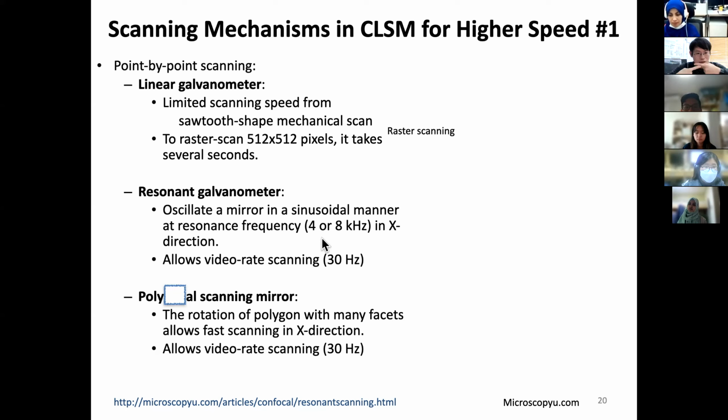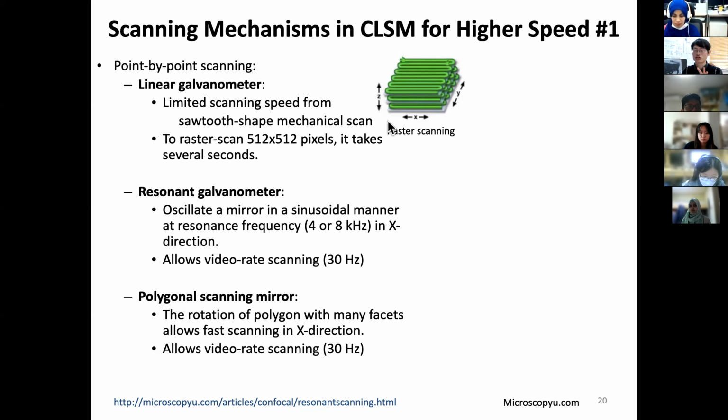When the mirror rotates, the reflected laser will sweep this way. You make this a polygonal cylinder with tiny linear mirrors and rotate it fast. We call that a polygonal scanning mirror. And this also allows a very fast scanning. I want to show you in a picture.